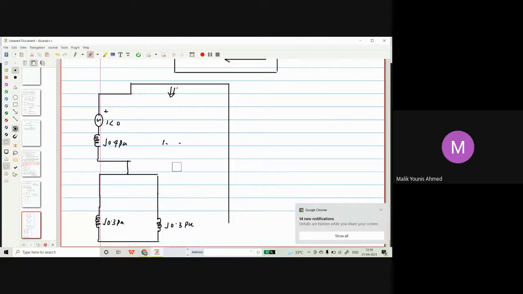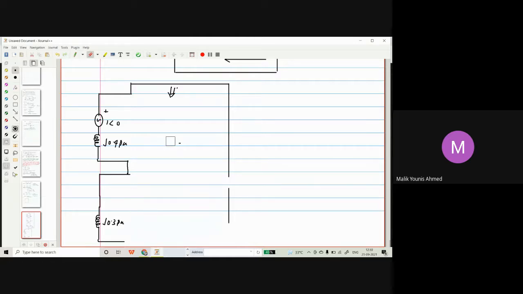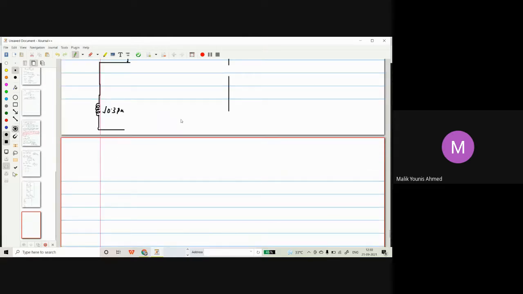Also, you don't need this. Okay, equivalent circuit. Then add a page to this.